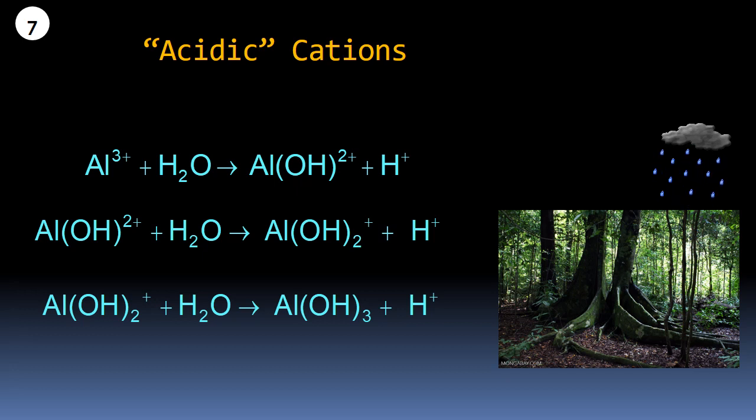So since you have a lot of aluminum and iron, and if we take aluminum as one of the acidic cations, when aluminum reacts with water, it ends up forming aluminum hydroxide and releasing hydrogen in the soil. And as the process goes on, you release more and more hydrogen. So if the hydrogen is higher in the soil solution, it means that the pH will be very low, and that's why these cations end up decreasing the soil pH.